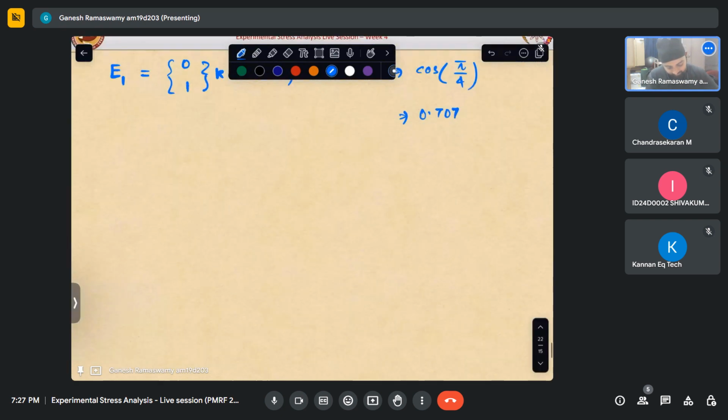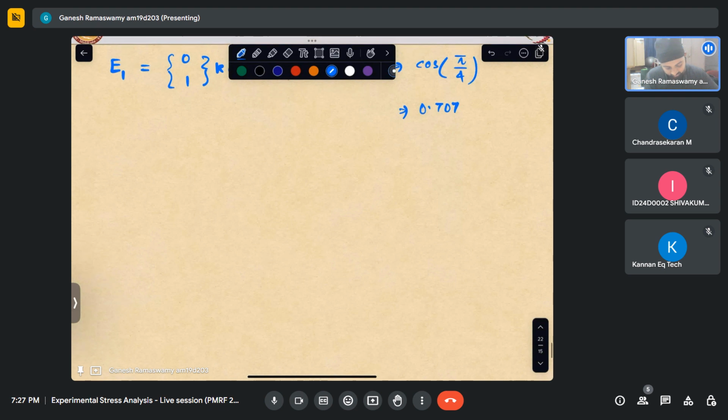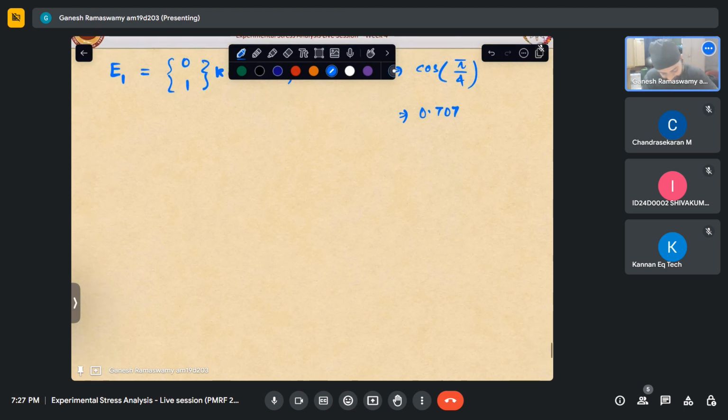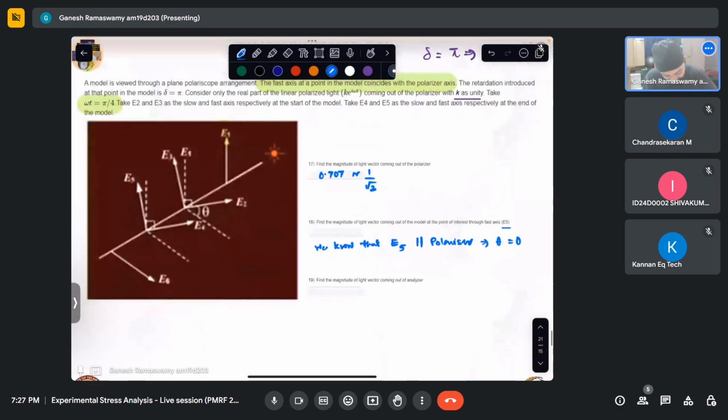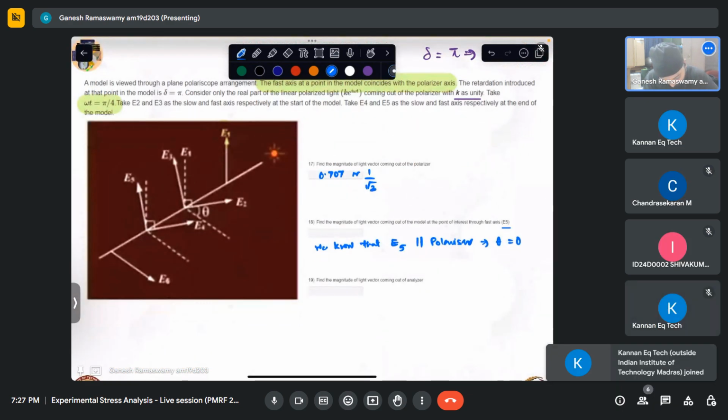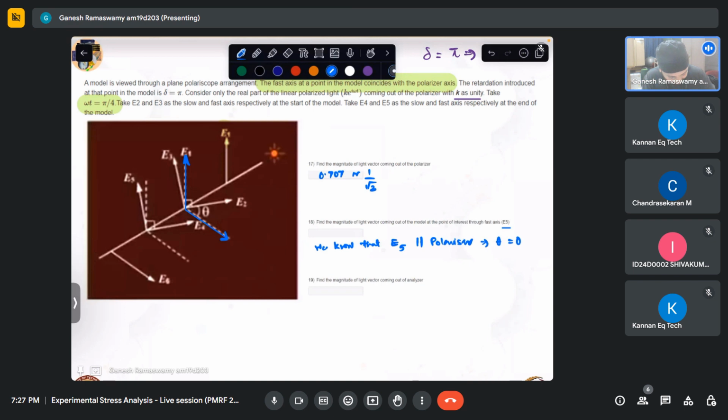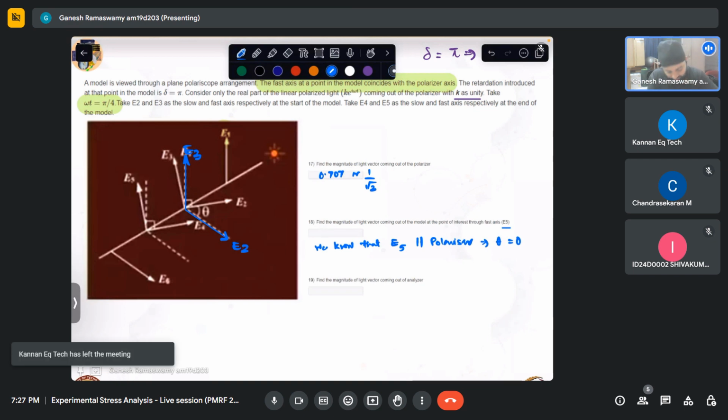Now what we can do is, let us say that we have E3 here actually. This is our E3. This is our E2 for this problem where it is kept at 0. And then there is a retardation brought about, and this is my E5.